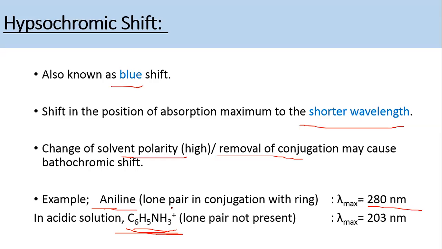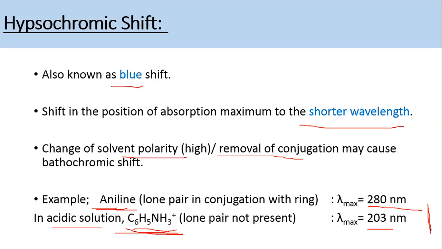Therefore, the lambda max decreases from 280 to 203 nanometers. So we say that due to the presence of acidic solution, aniline has observed a hypsochromic shift and the lambda value is decreased.